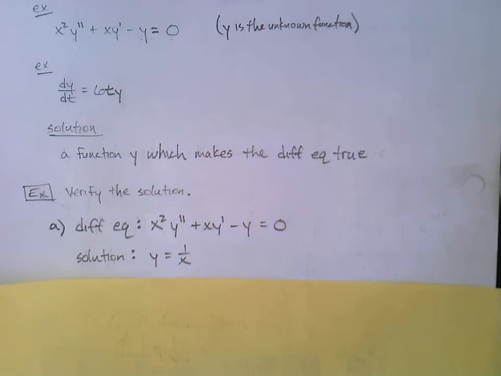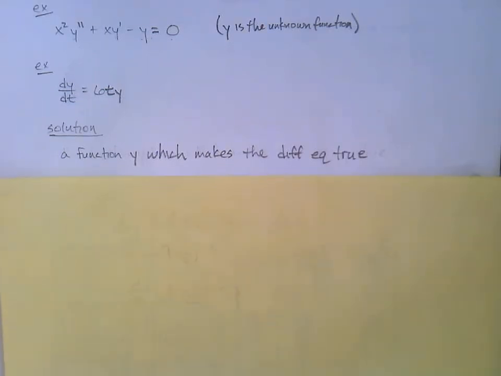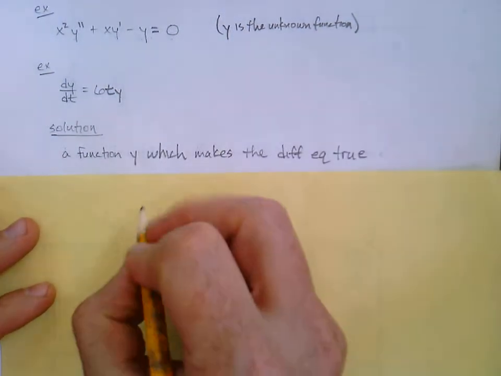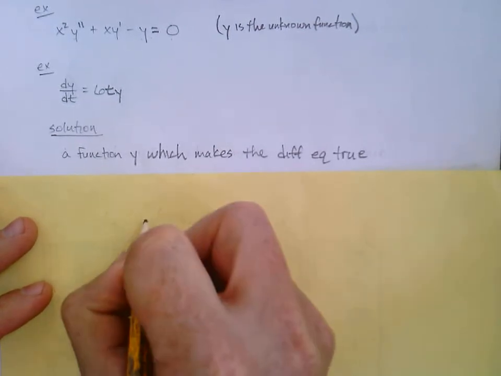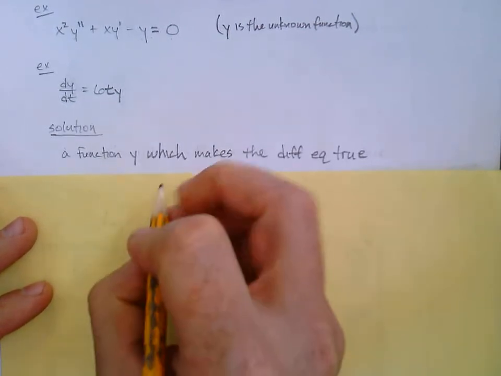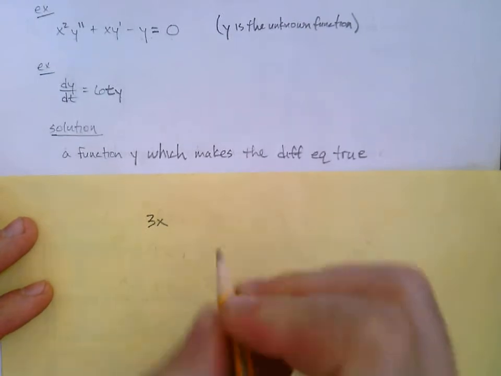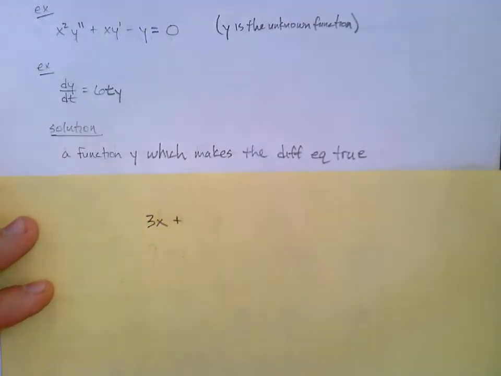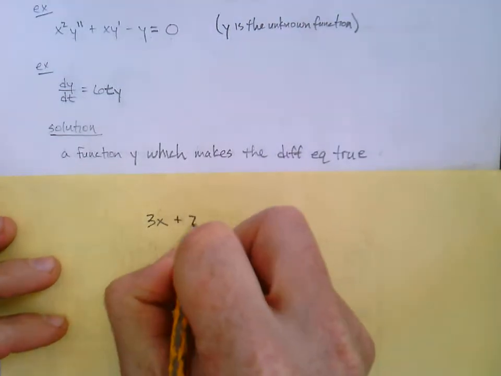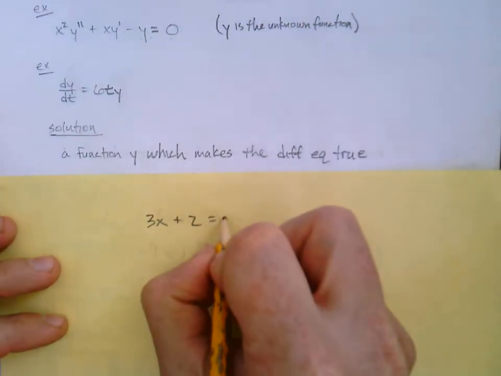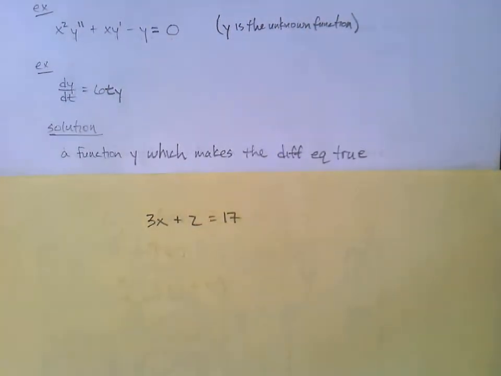So that's what we're about to do. Let me give you an example of what I'm talking about. Let's say we had, I'll try and make up something with some good numbers, 3x plus 2 equals 17.